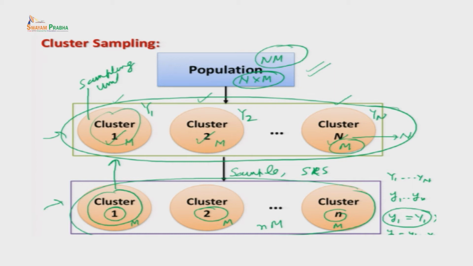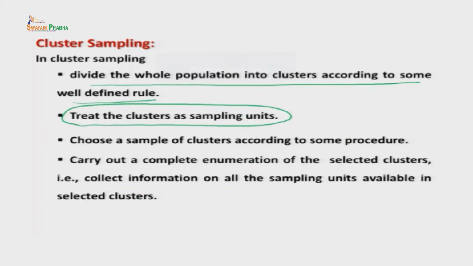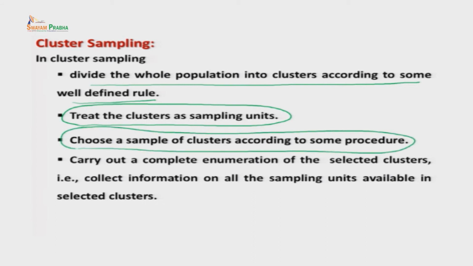All these capital N number of clusters are like capital Y1, capital Y2, capital YN. Now, choose a sample of clusters according to some procedure. A procedure can be simple random sampling or some other sampling scheme, and then carry out a complete enumeration of the selected clusters.